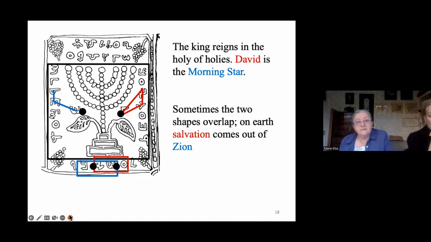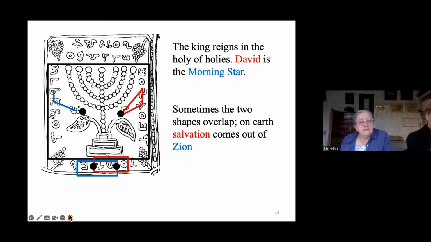If you come to the bottom, right at the very bottom, now we're on earth, and sometimes when you're reading this code, and it is very complicated, the positioning of the words tells you something about their theological location, if you like. So if you start with the red box and read it from the black dot on the left of it, that says salvation.